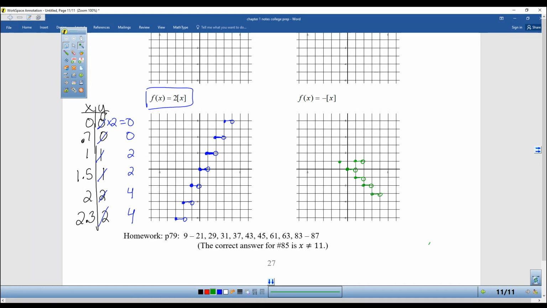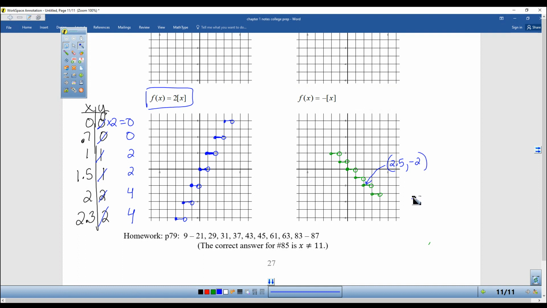But before you draw all of them, you probably want to check a point. I can't stress this enough. If you're not checking and you get it wrong, don't come crying to me. So according to you, this point right there, let's say 2.5, looks like it goes with -2. So let's try that.